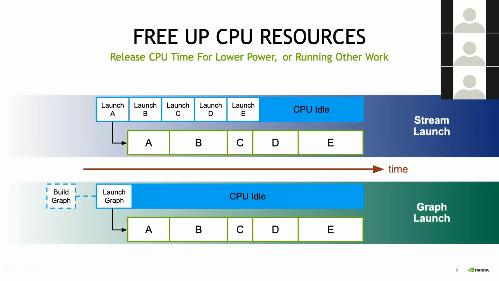Here we can see on the bottom how launching a graph with a single operation implicitly kicks off a number of operations that we created, while allowing the CPU to remain open for other work. You can see the CPU is idle.